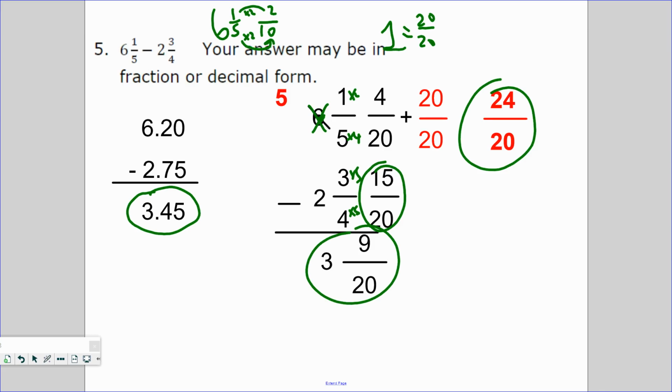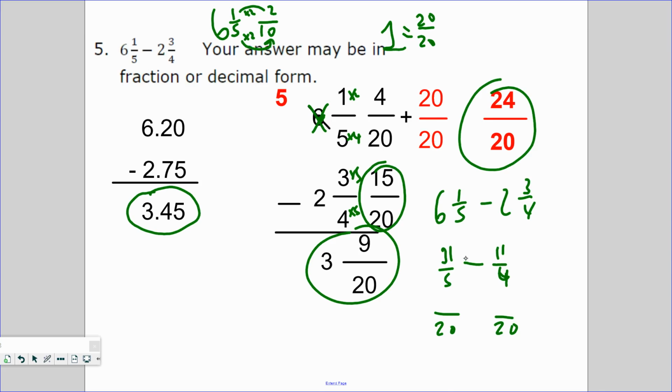Some of you may not prefer that way. Some of you may prefer turning it into improper, because if you hate regrouping, you may want to try the improper. So 5 times 6 is 30 plus 1 is 31/5 minus 2 times 4 is 8 plus 3 is 11/4. What is the common denominator here? It is 20. So how do you build a 5 to 20?